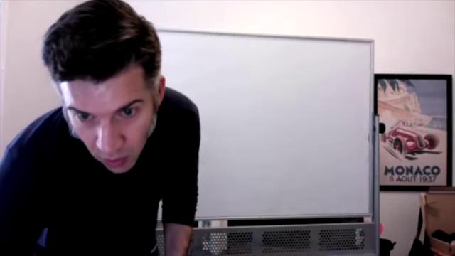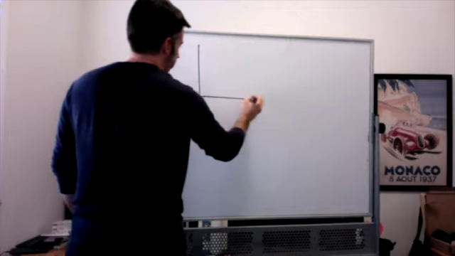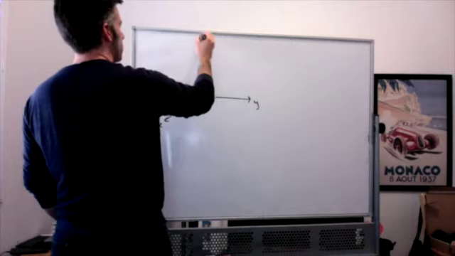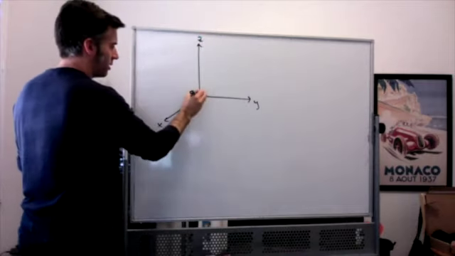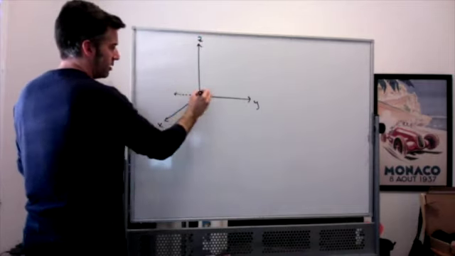Actually, that kind of goes along with, let's talk about the planes for a second. I'm only drawing the positive parts for x, y, and z. We do know that they continue on in the other directions: there's the negative y, the negative x direction, the negative z direction.